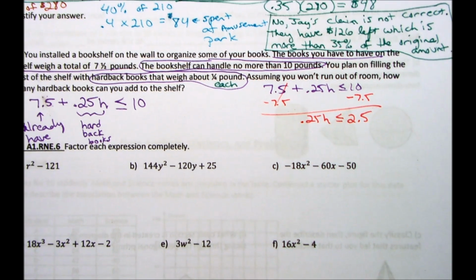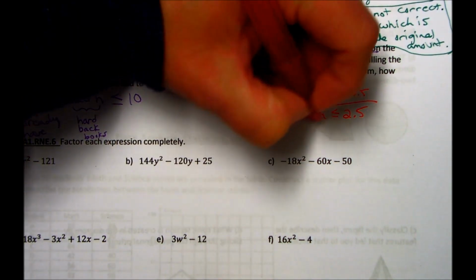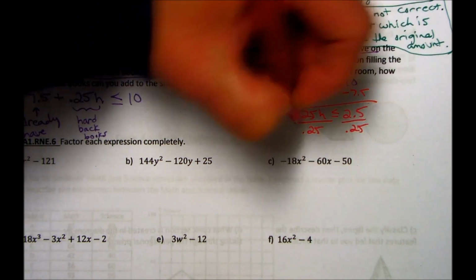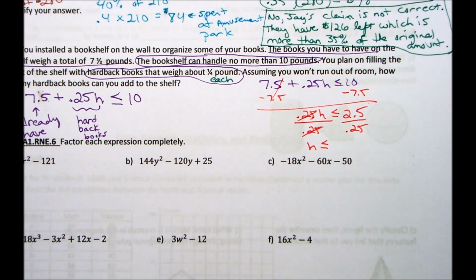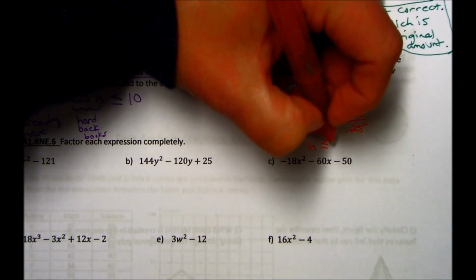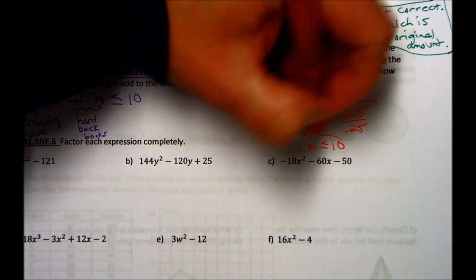So 10 minus 7.5 is 2.5. And then I would divide that by 0.25. So when you take 2.5 divided by 0.25, you actually get 10.